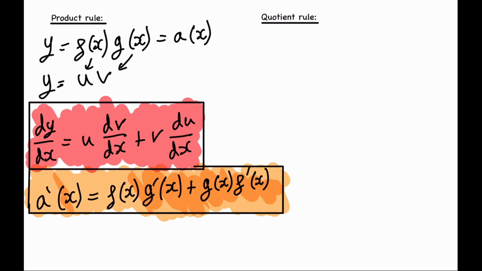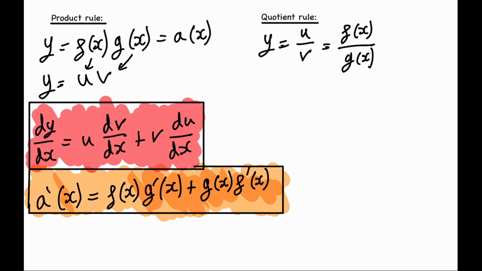Now let's move on to the quotient rule. The quotient rule is used when you have y is equal to u over v, which can be written as f of x all over g of x.